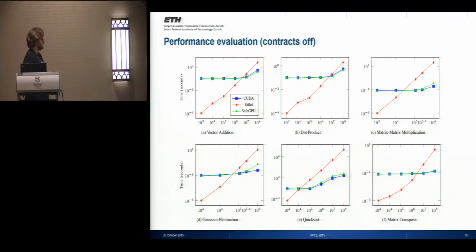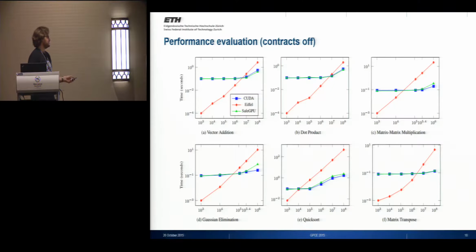That's the first observation. The second observation is that for most of the problems, SafeGPU is on par with CUDA, except for Gaussian elimination, where it lags behind. It's getting slower. That's because we combine loops and GPUs, so we call kernels in a loop, and that actually gives some performance disadvantage compared to the implementation with just CUDA.